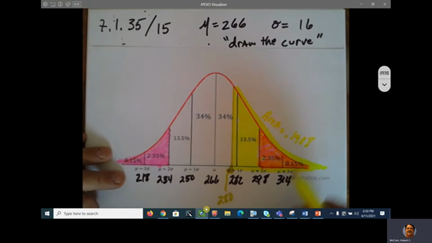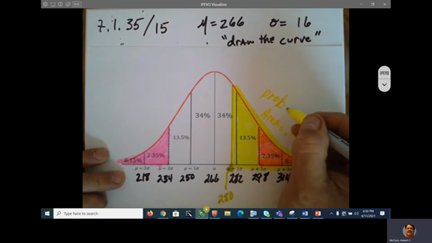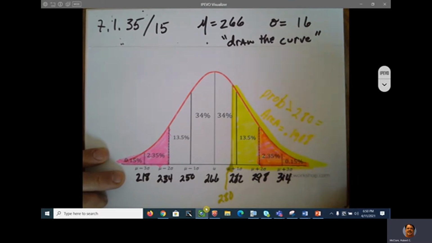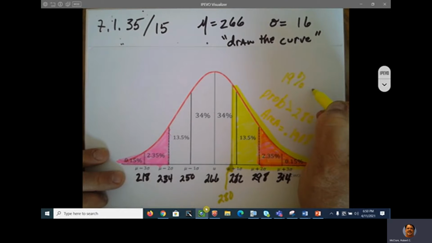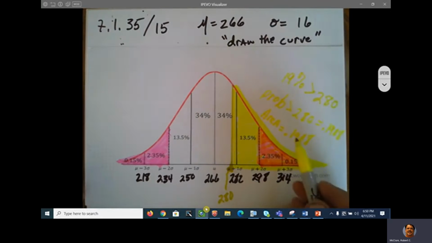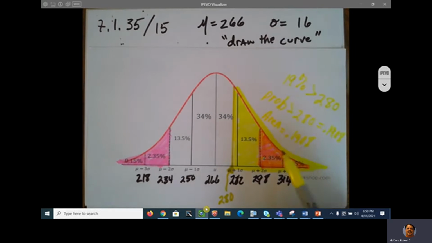It also means that the probability of being greater than 280 is equal to 0.1908. And there is a 19% chance that your number is going to be above 280. Remember when I told y'all that probability and percent and area equal the same thing? Well, that's pretty much what I just said.